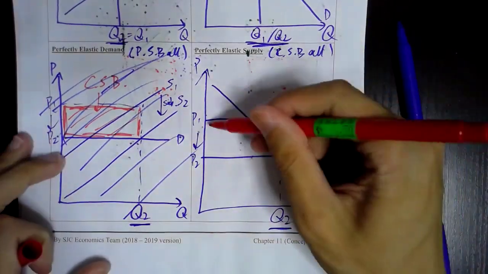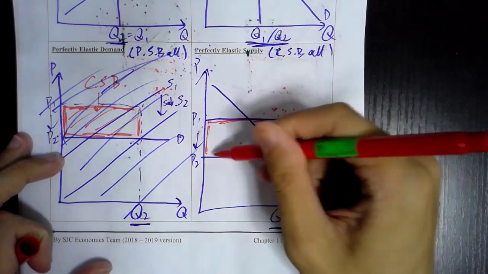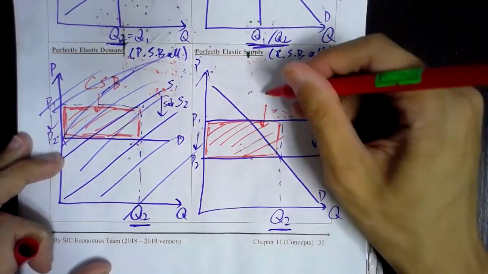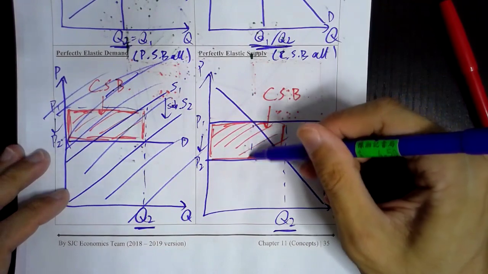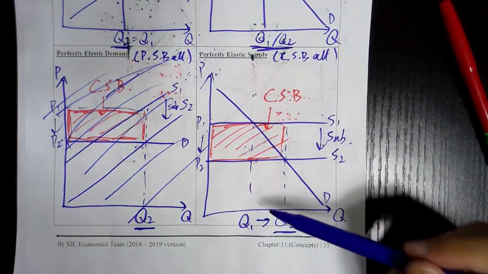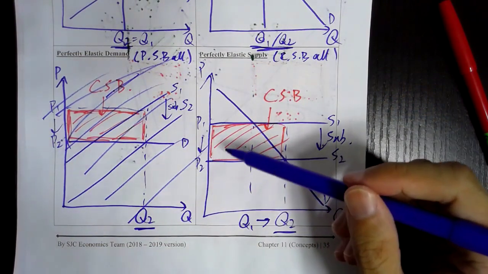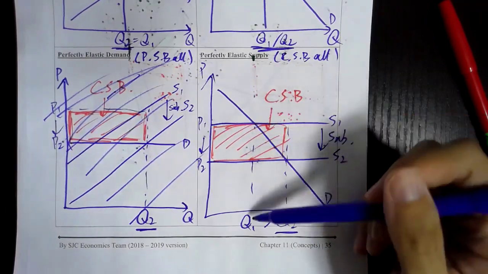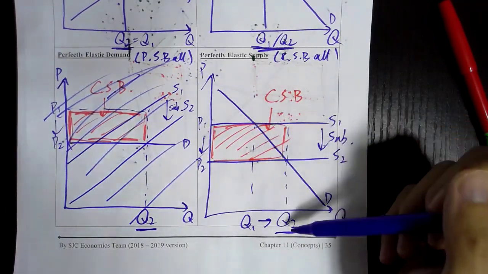Then here, you see a drop in price. What does that mean? It means that if there is a drop in price, then the consumer will benefit. All of it will be consumer subsidy benefit. But let's see what happens to the total revenue of the producer. In fact, it has also increased. Originally it was P1 Q1, now it is P1 Q2.